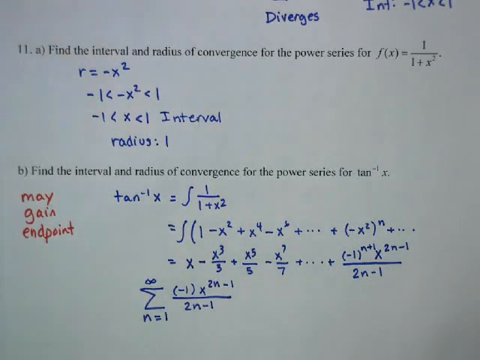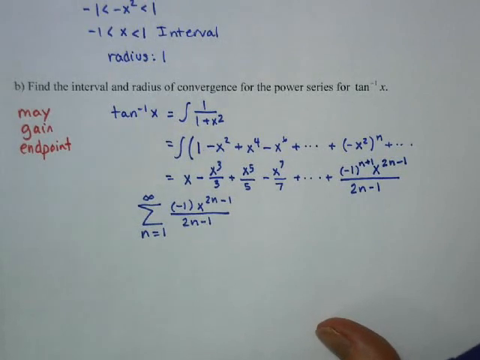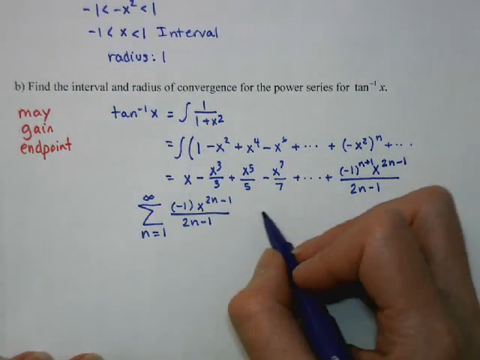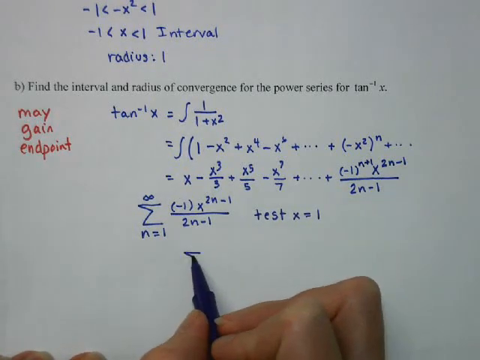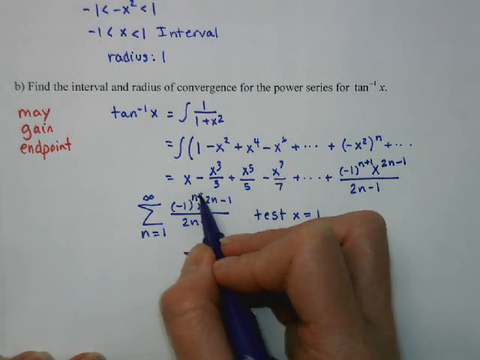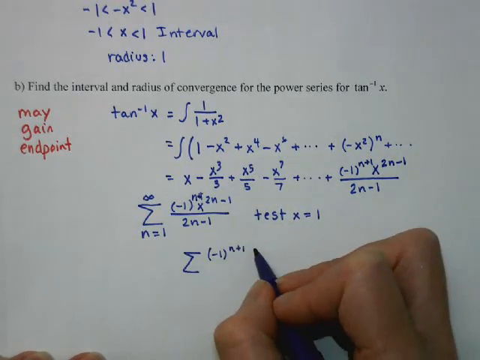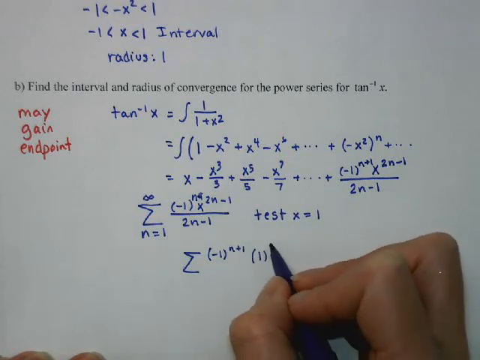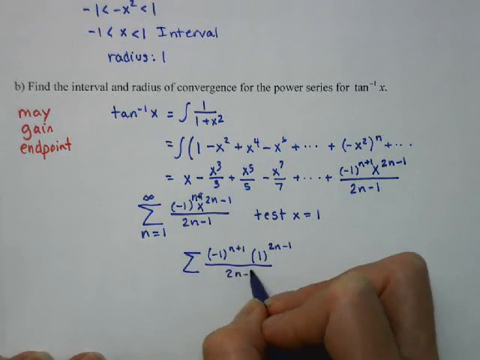All right, so what we need to do here is test the endpoint that we may gain, which is going to be the 1. So that series, negative 1 to the n plus 1, 1 to the 2n minus 1 over 2n minus 1.